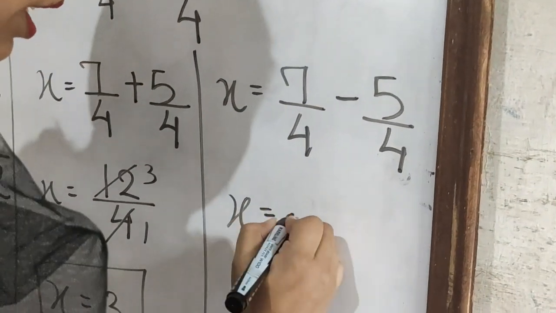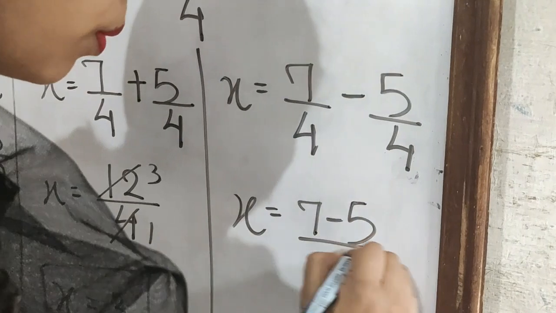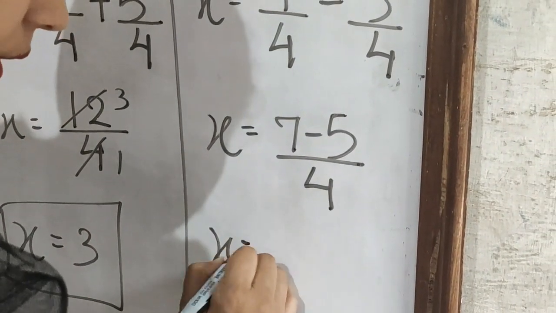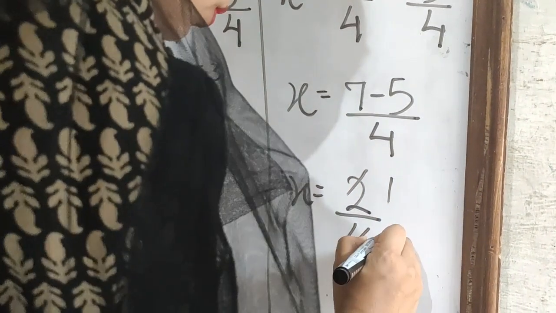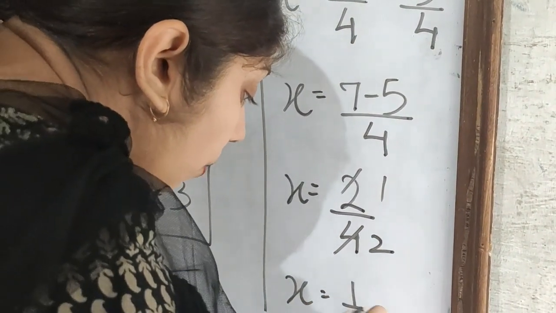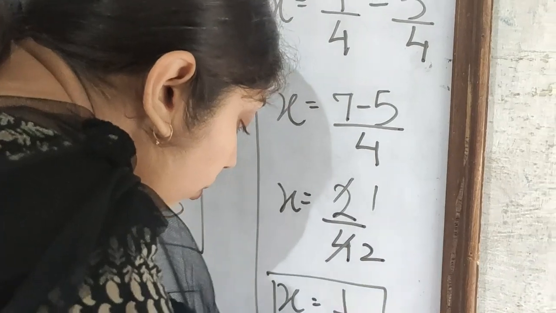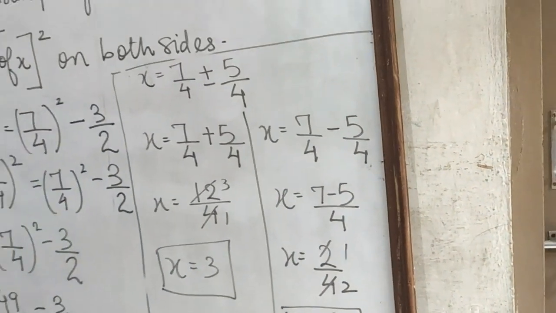And this will be x equals 7 minus 5 upon 4, which gives you 2 upon 4. 2 1s are 2, 2 2s are 4. x equals 1 by 2. So here are the two roots of your equation.